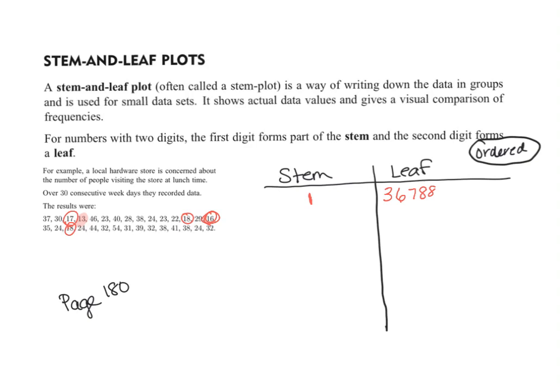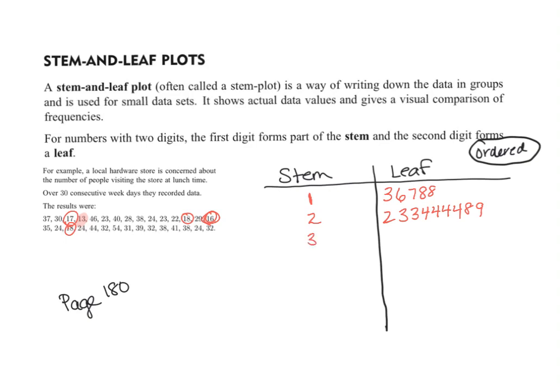Then if we move up to our 20s, we write a 2 on the left-hand side, and then all of the ones that occur. So we have 22, 23, 23, 24, 24, 24, 24. So this happens quite often, 28 and 29. And then we'll keep going.